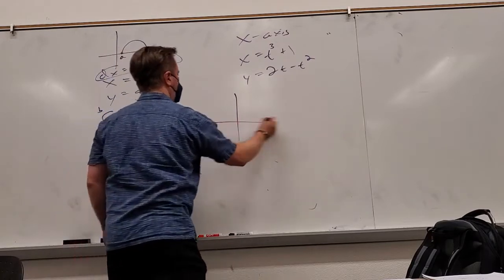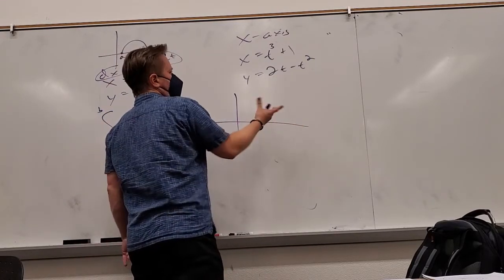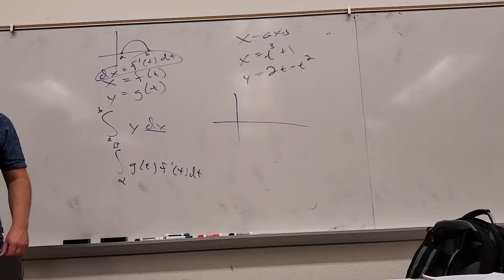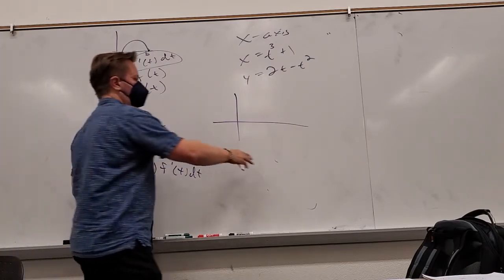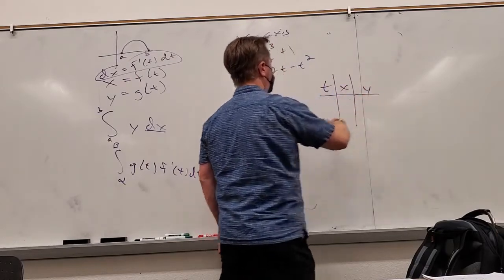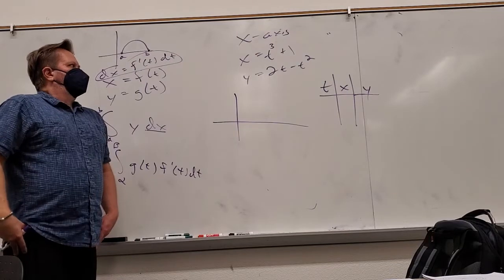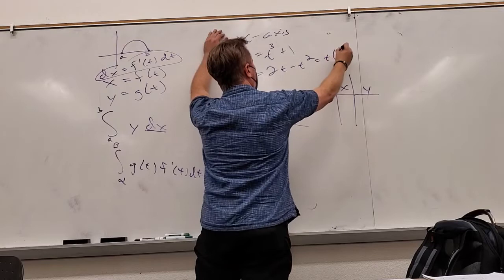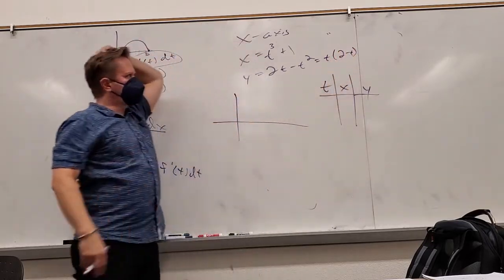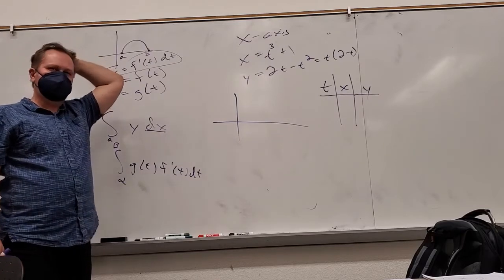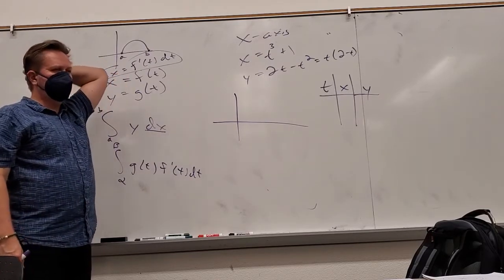So how am I going to figure out what that looks like? Maybe I should start graphing this thing, right? So if I do a t, x, y table, try to be smart about this. Do you see how, if I factor that, the y values are going to be positive between 0 and 2?